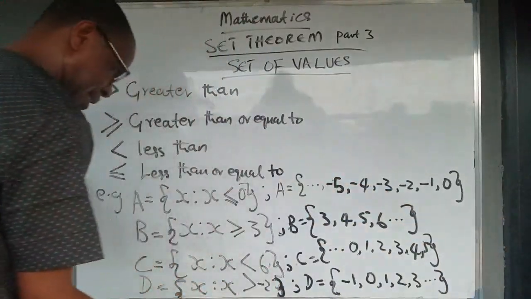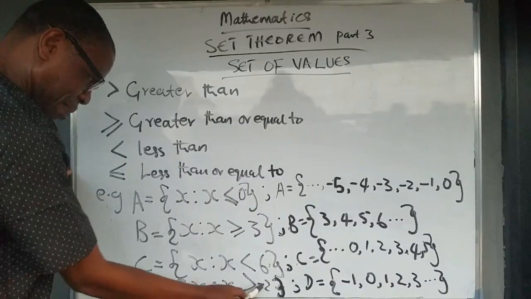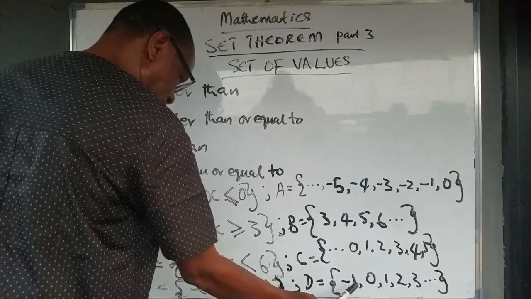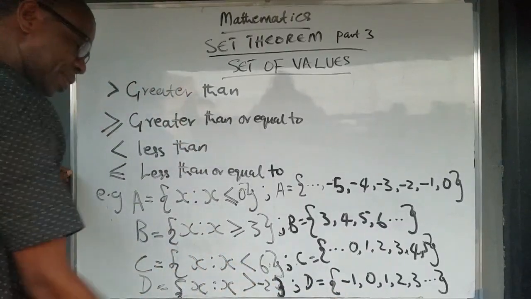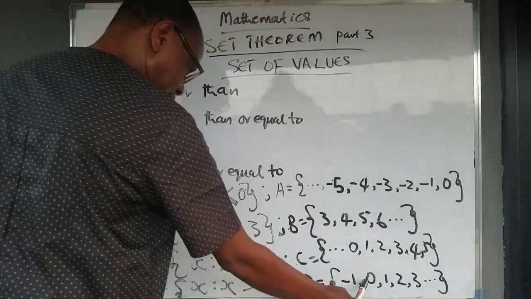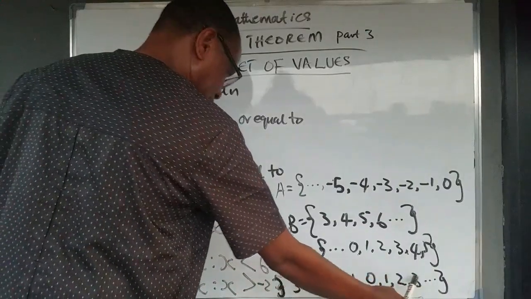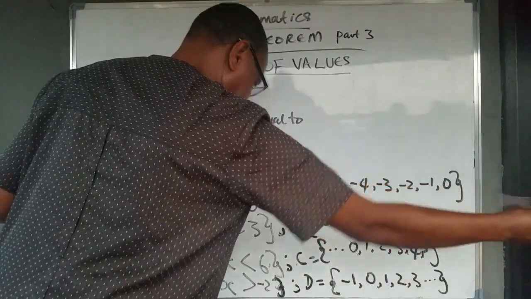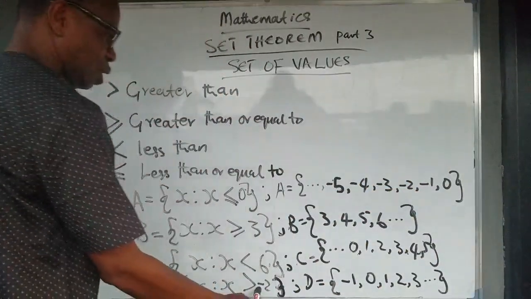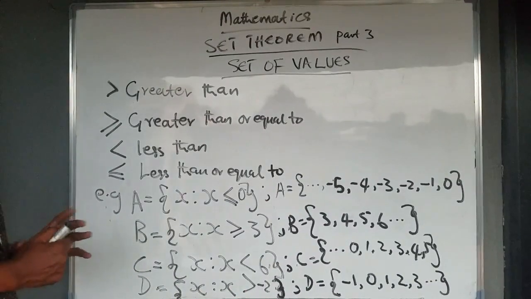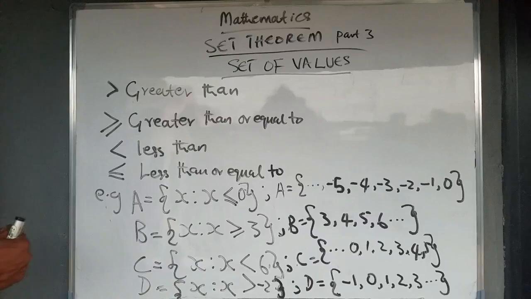Since I have greater than minus 2, minus 2 will not appear at all. Minus 1 is greater than minus 2. So I start with minus 1, 0, 1, 2, 3, and then dotted line to show that there are other numbers that are greater than minus 2. Now when you do this interpretation properly, you will be able to carry out any calculation that may come your way.